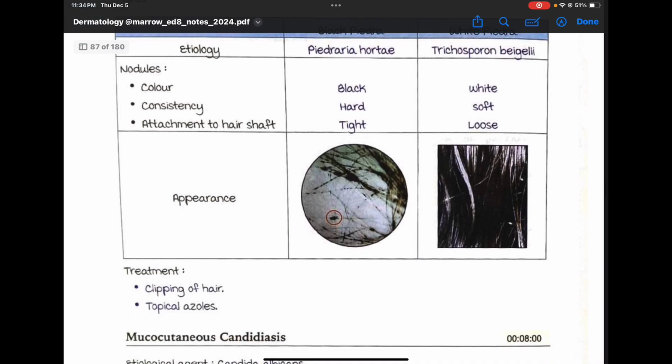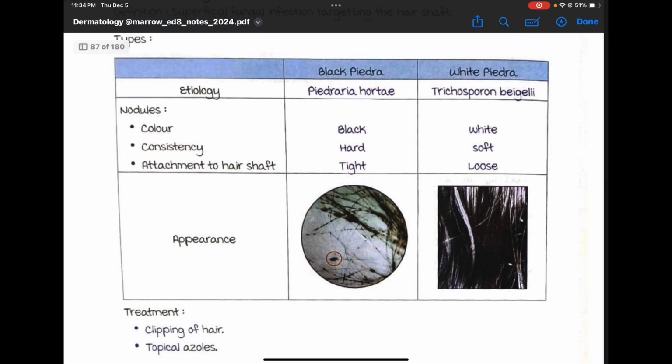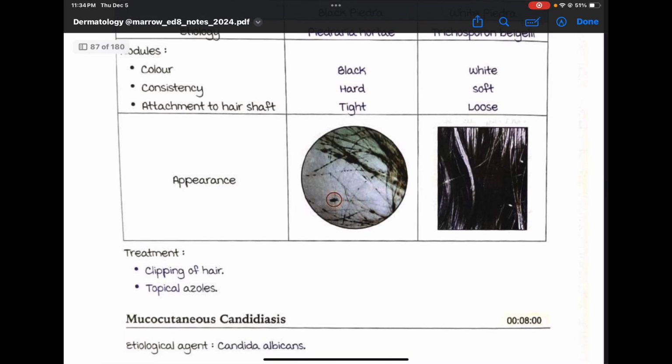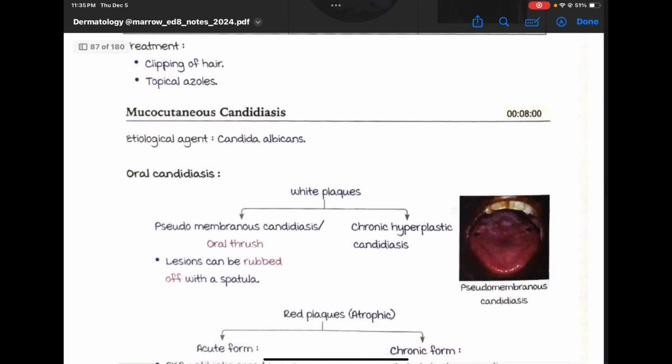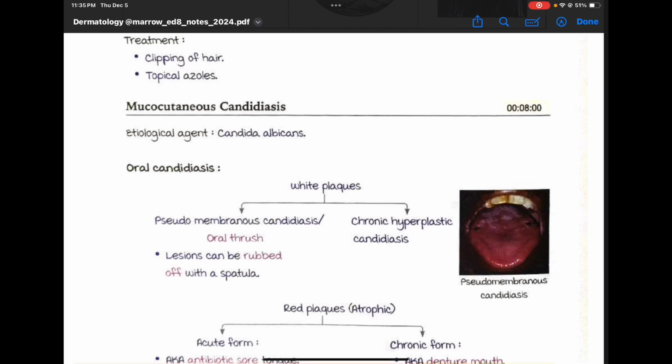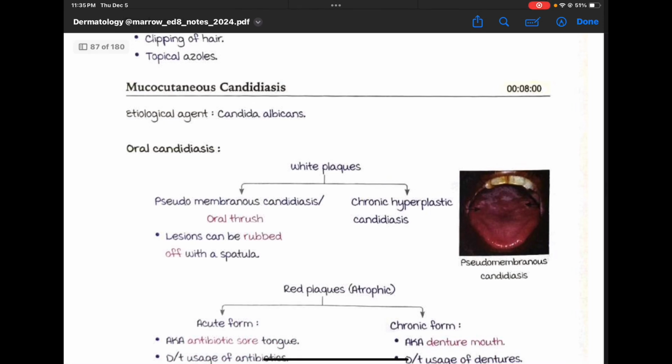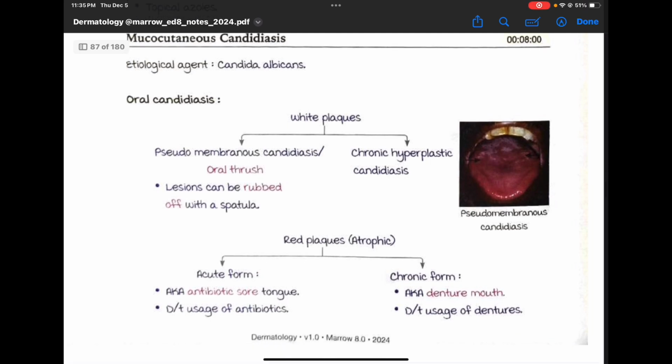Black piedra, black in color, hard consistency, tight attachment. White piedra, white in color, soft consistency, loose attachment. Clipping of hair, topical azoles. Mucocutaneous candidiasis, etiological agent Candida albicans.